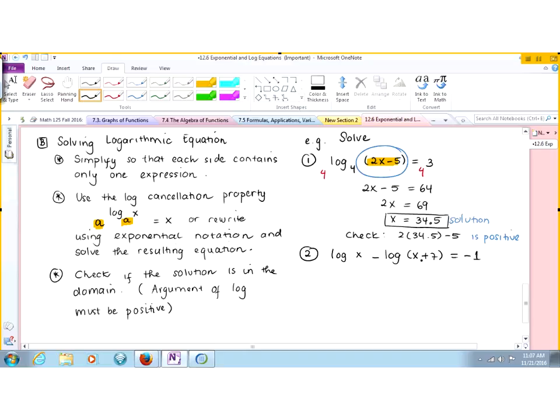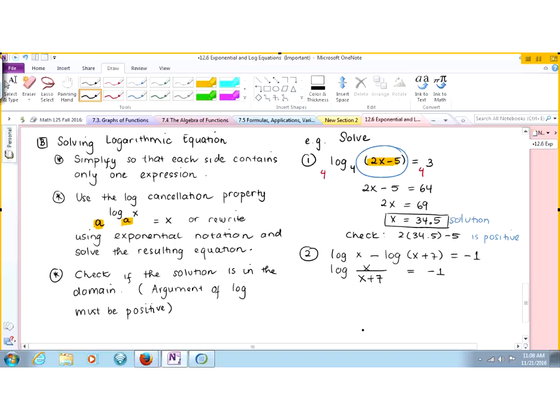Well, then you have two expressions. So I have to condense this log. How do you condense this log? Log of x minus log of x plus 7 is just x divided by x plus 7, right? So not divided by log, but it's just x over x plus 7 is equal to negative 1.